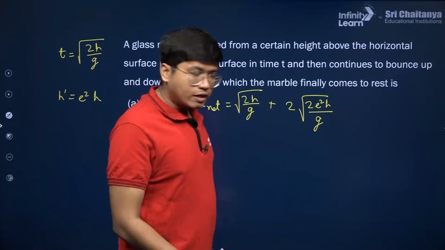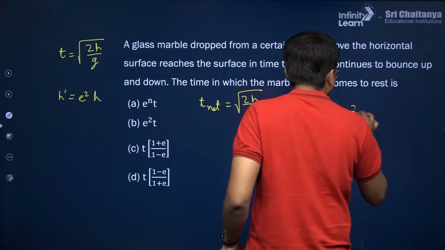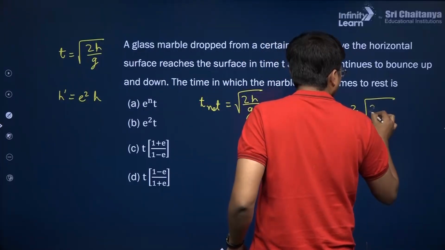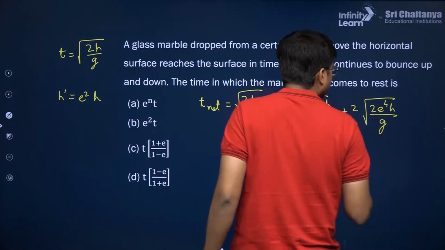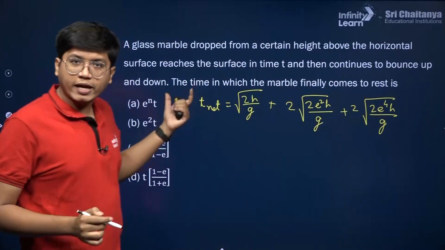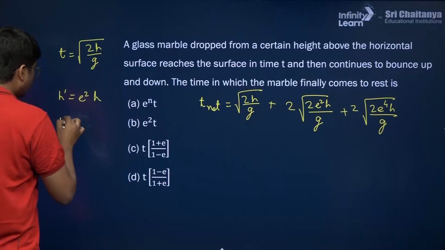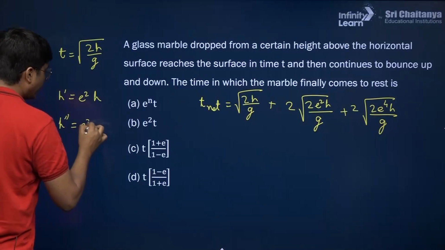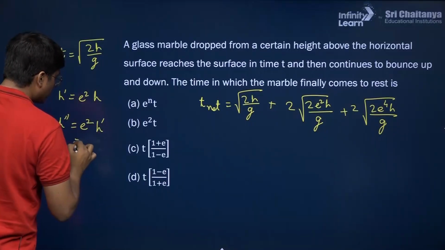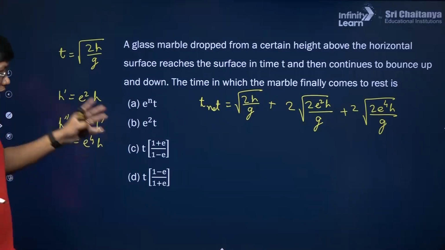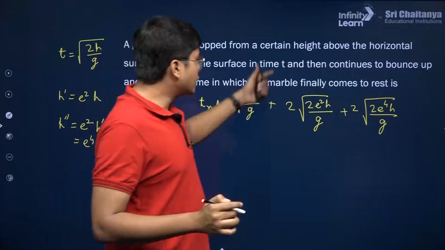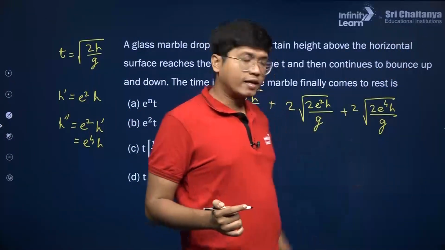The next bounce that it does, it would have 2 into root over of 2e to the power 4h divided by g. Why? Because e square h was h dash, so h double dash is going to be e square of h dash, which is equal to e to the power 4 of h. So each bounce ensures that there is an extra factor of e square coming in there.